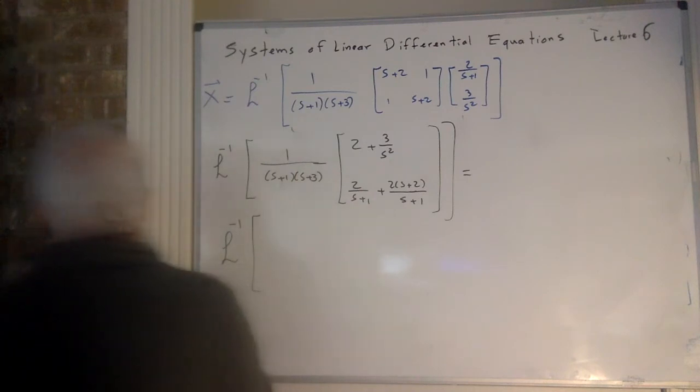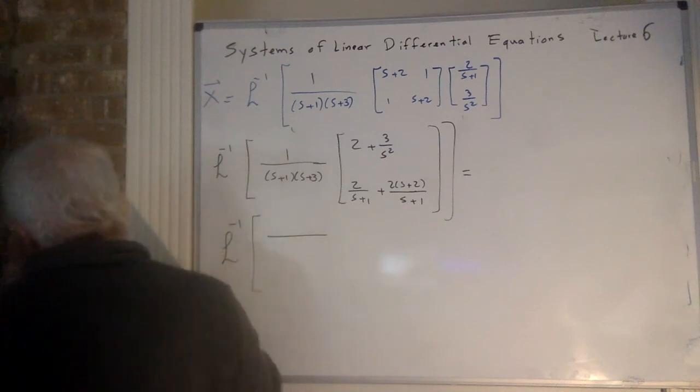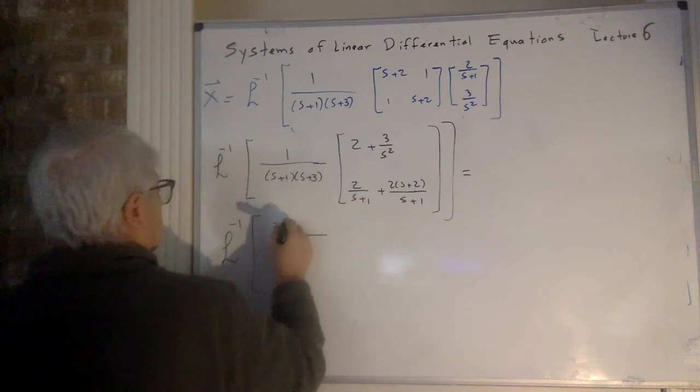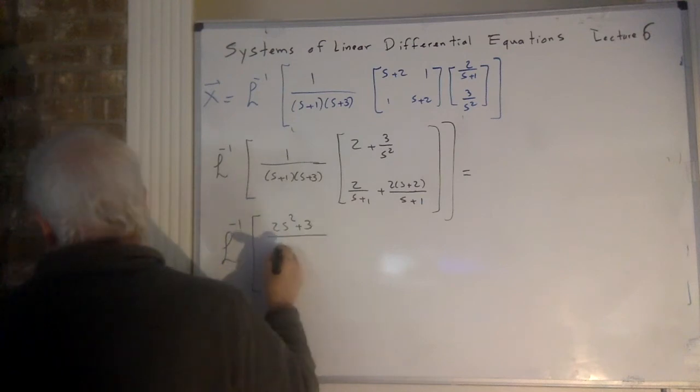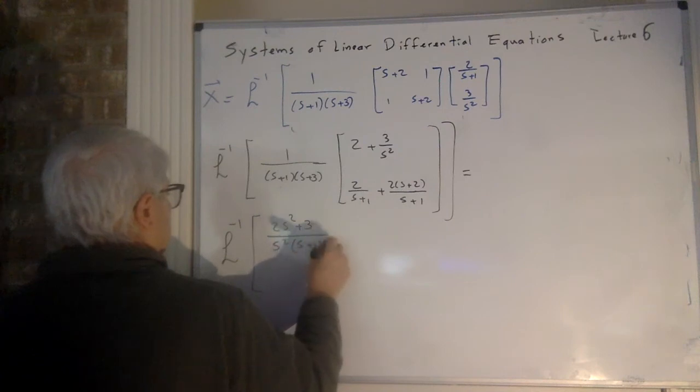So this will be 2s squared plus 3 divided by s squared times s plus 1, s plus 3.